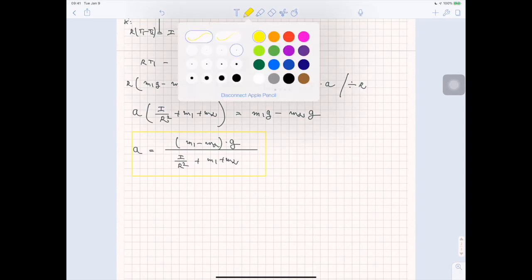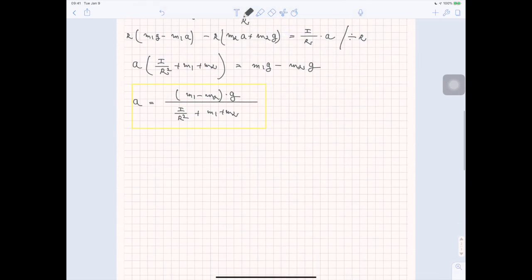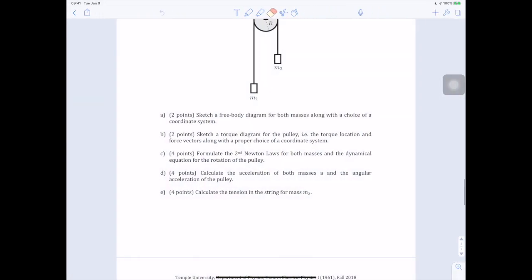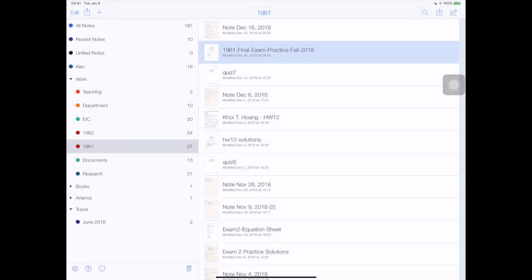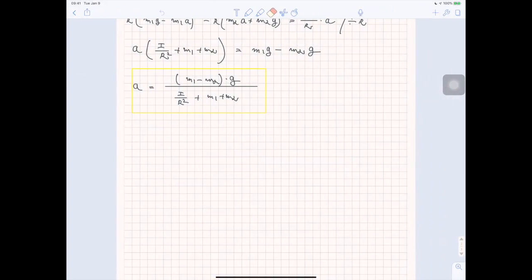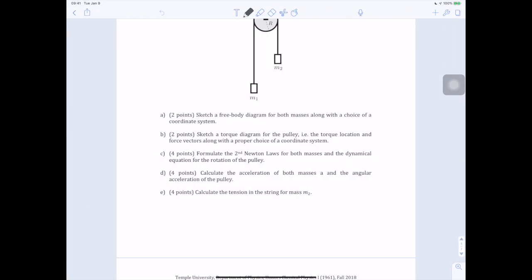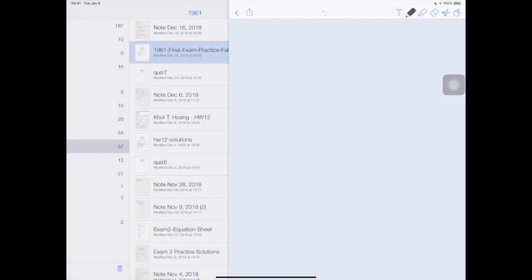Okay, and then you can insert this to determine the tension in the string. Let's go back here. We calculated the acceleration for both masses and now calculate the tension in the string for mass M2. So let's solve this now for T2. Actually, this was part E, the tension in the string.